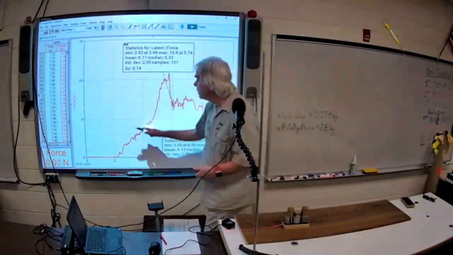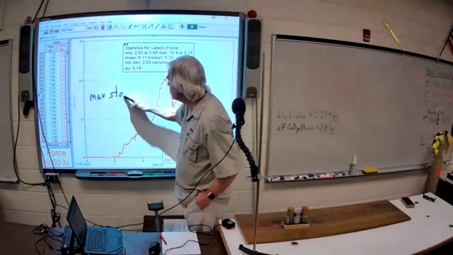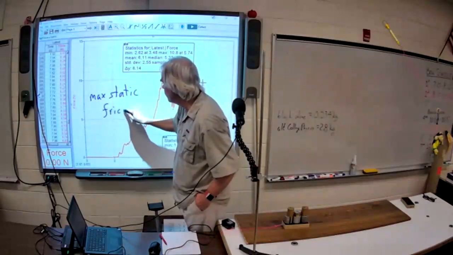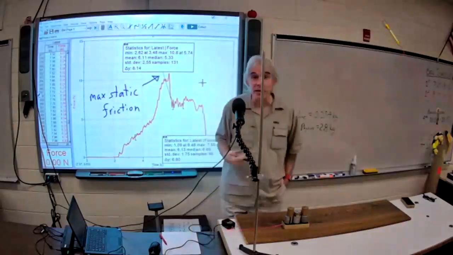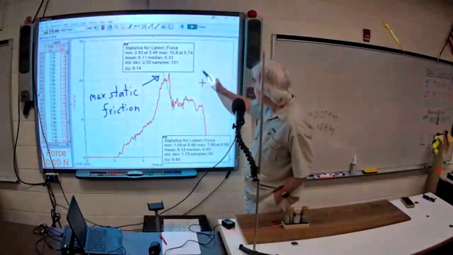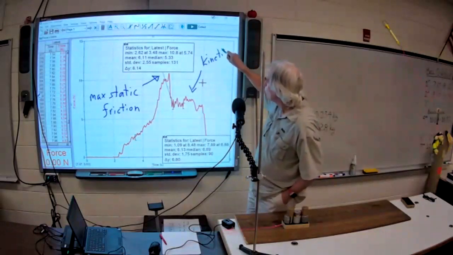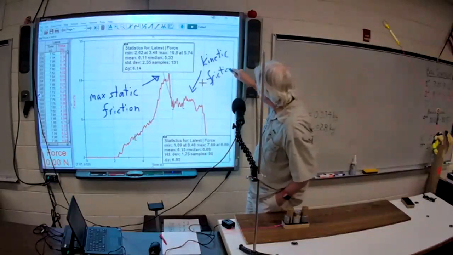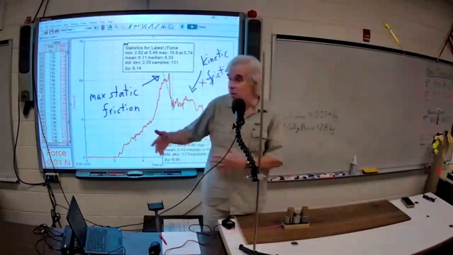This is right there at the peak, and this is the kinetic friction. Which clearly is less than the maximum static.